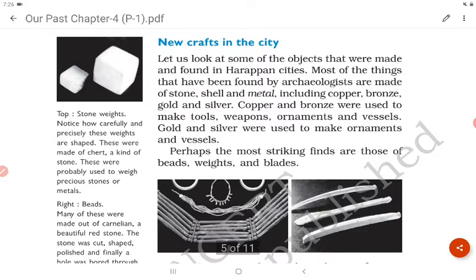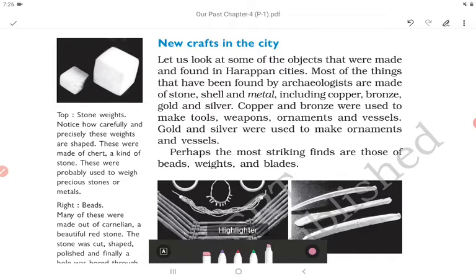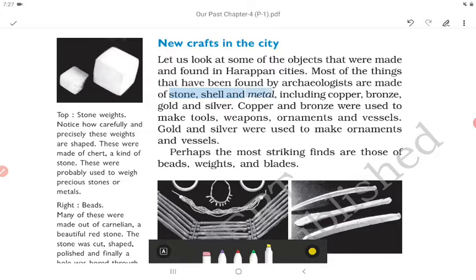Now let's see about new crafts in the city. Let us look at some of the objects that were made and found in Harappan cities. Most of the things that have been found by archaeologists are made of stone, shell, and metal, including copper, bronze, gold, and silver.